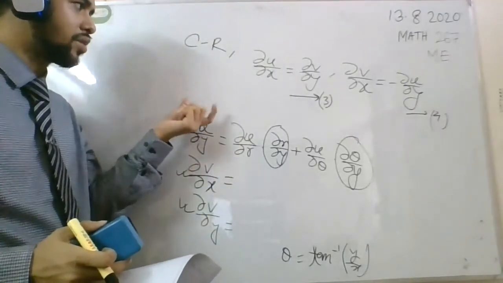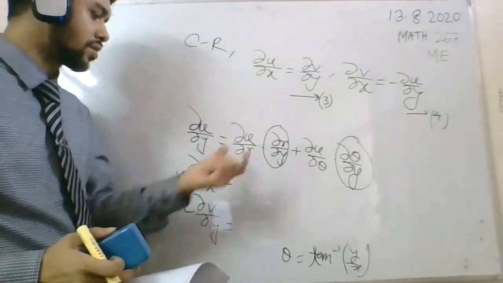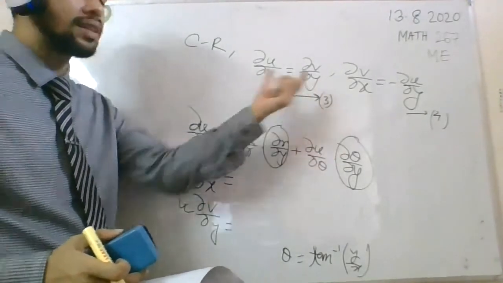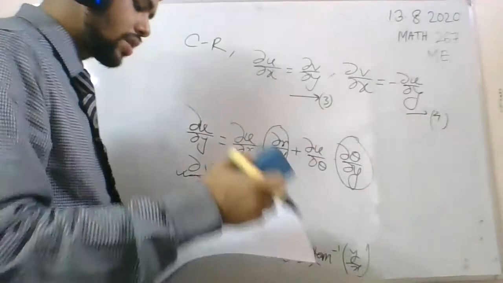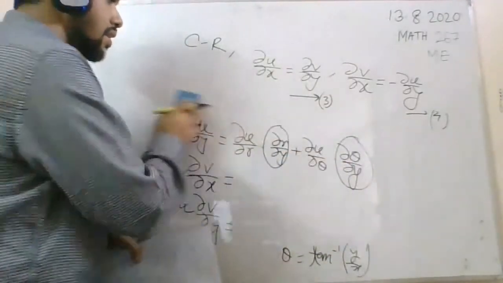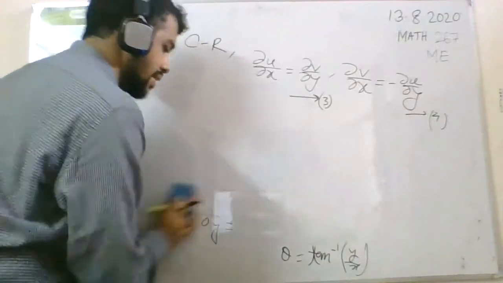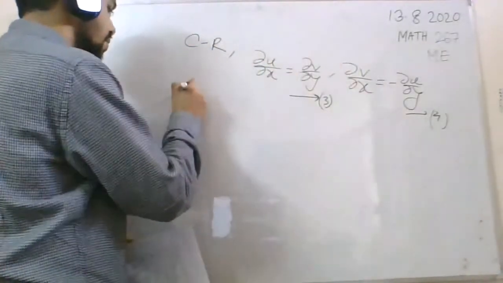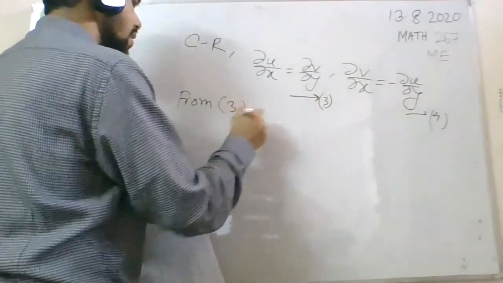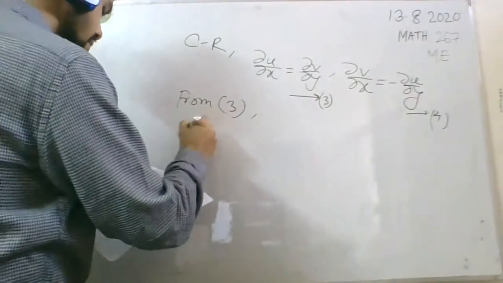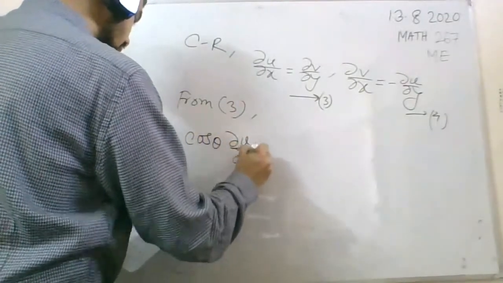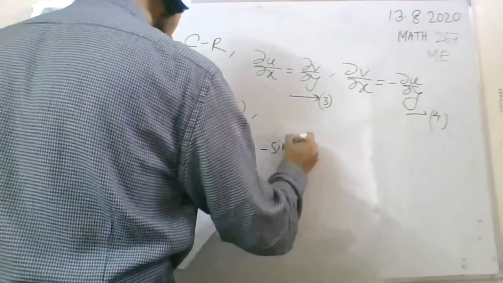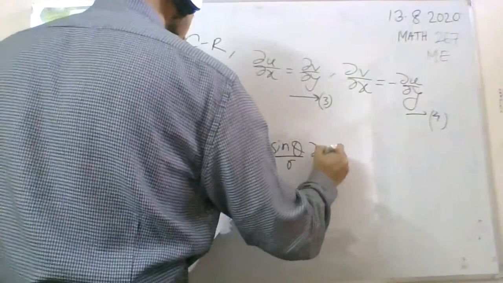And then just put those values, del u by del x here, and also del v by del y here, which you got by converting to polar coordinates. Okay, so just writing only from 3.